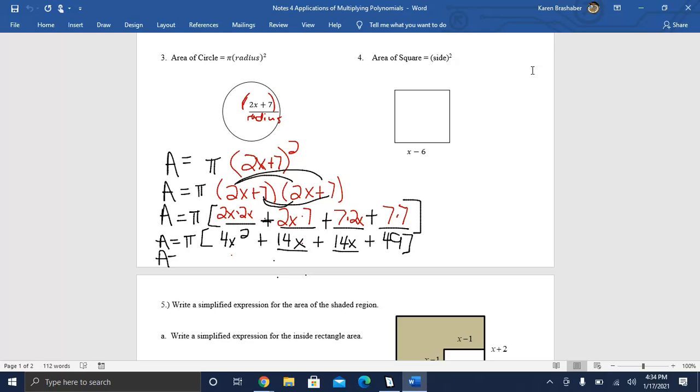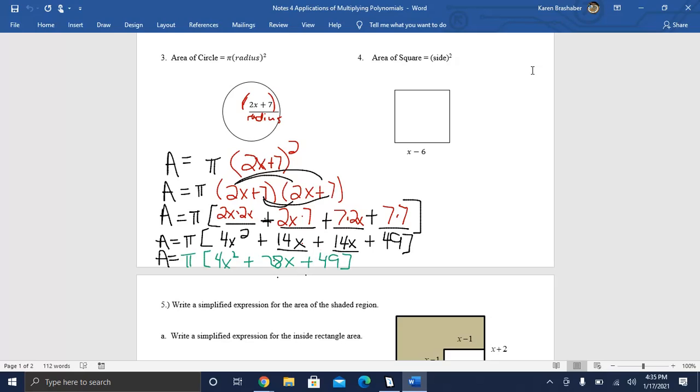Our area is going to equal pi times 4x to the second plus, and then when we add our 14x and 14x together, we get 28x, and then plus 49.